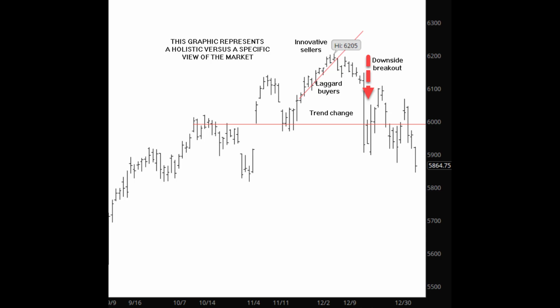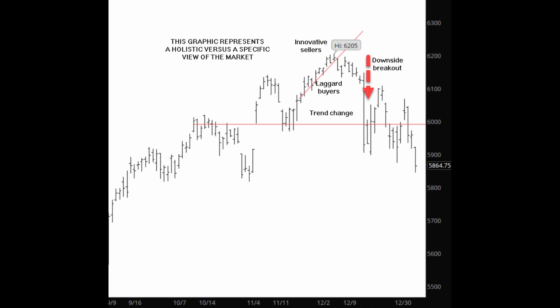Now, the graphic you see in front of you, I'm going to explain it in a more complex way than we usually do. Up in the upper left-hand corner, it says this graphic represents a holistic view versus a specific view of the market.